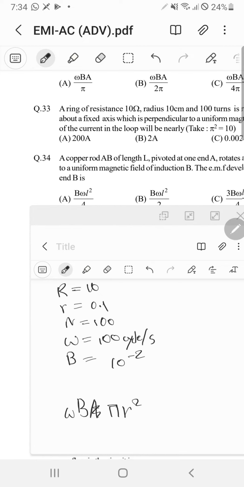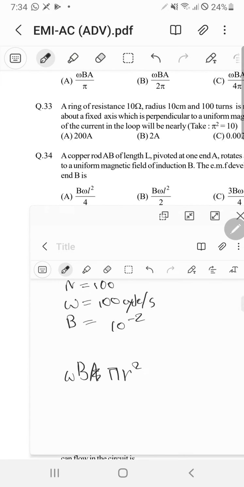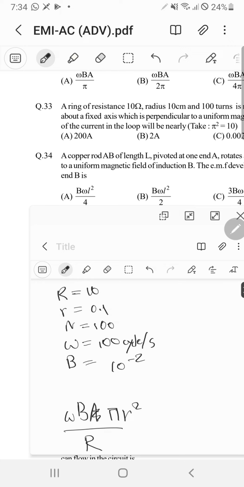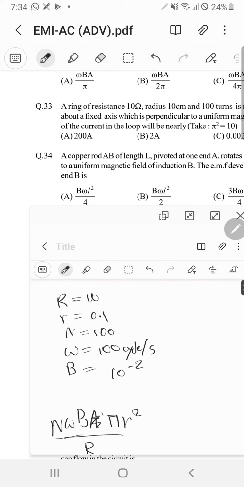Oh, resistance is also given. The amplitude of the current, right? So this upon the resistance, that will be our current. Yes. Oh, that times N, of course, because pi r squared times N, that's the actual area. So that's the current.